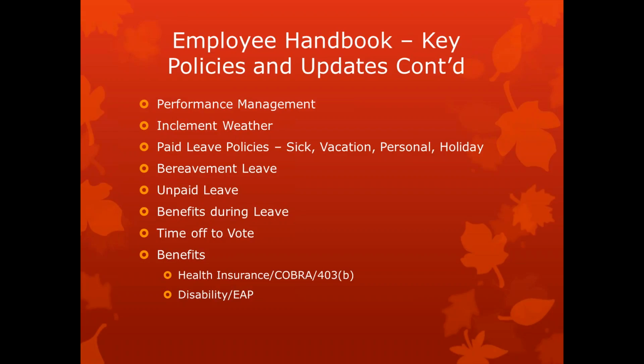You accrue it month over month, 1.25 days a month, up to 15 in a year. If you have been working with the agency more than 3 years, you get 20 days off. Accrued, of course, so you don't have it all in a lump sum. You get it month over month, but it ends up being 20 days in a full calendar 12-month period. And again, the detail is broken down here in the policy, so I would encourage you to look at it.